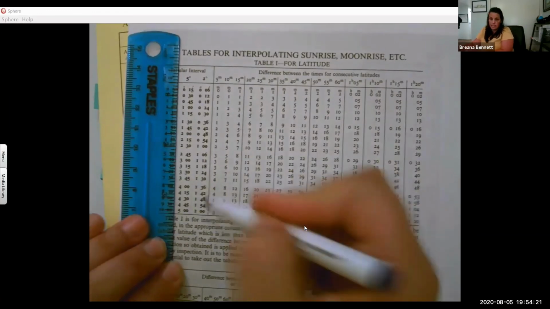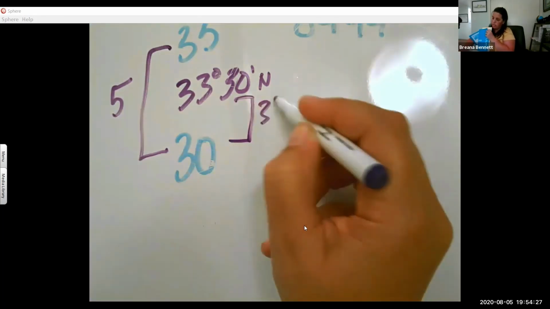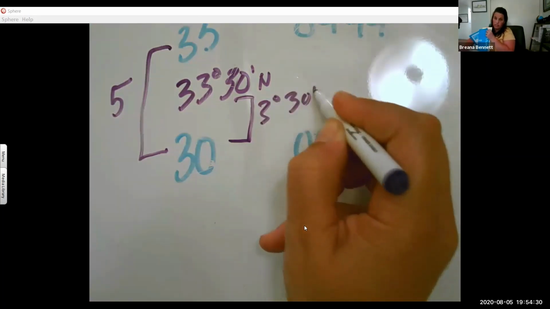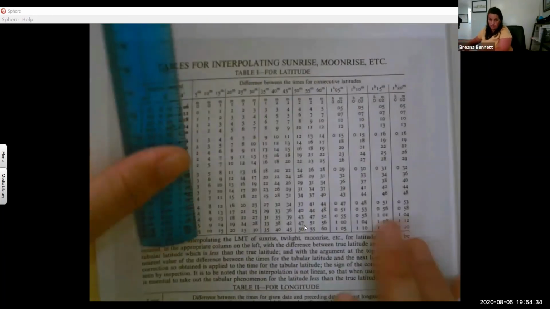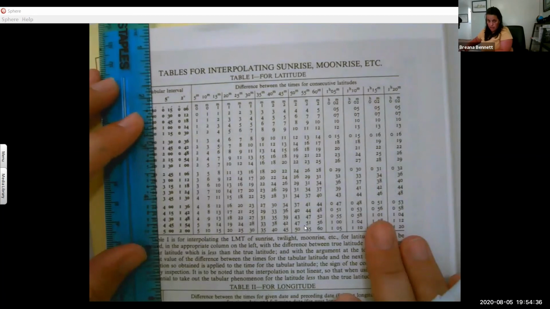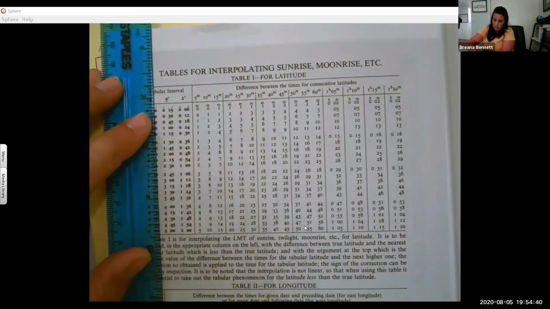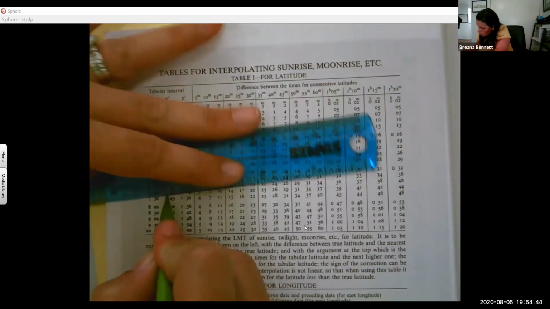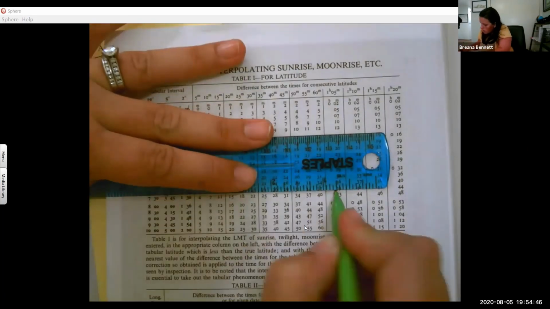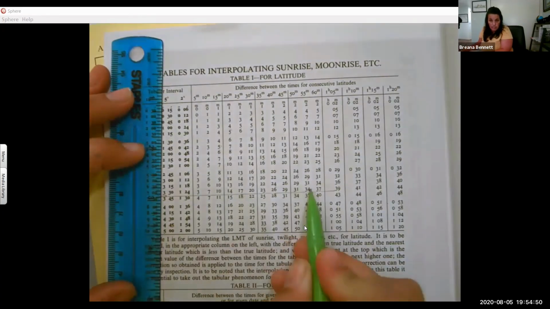So in my case, I'm at 3 degrees, 30 minutes. So on this page, I'm going to find 3 degrees, 30 minutes. So I'm going to be somewhere along this line.